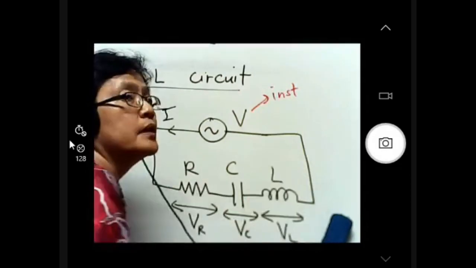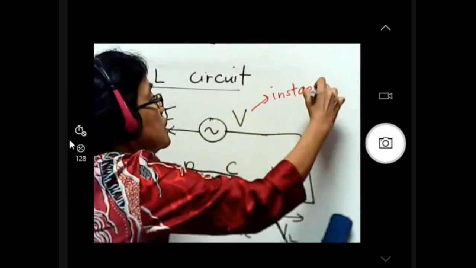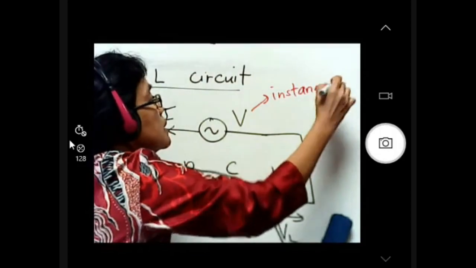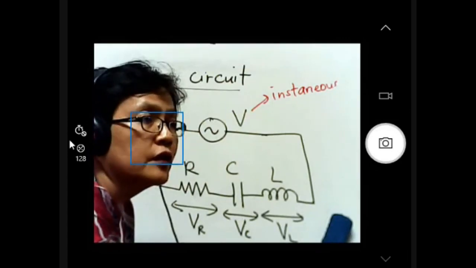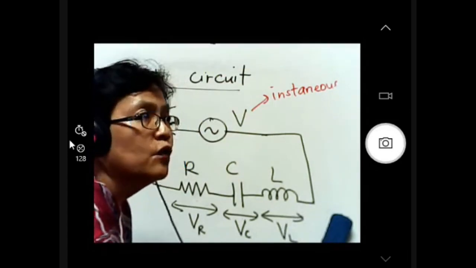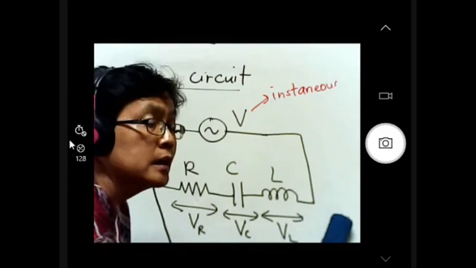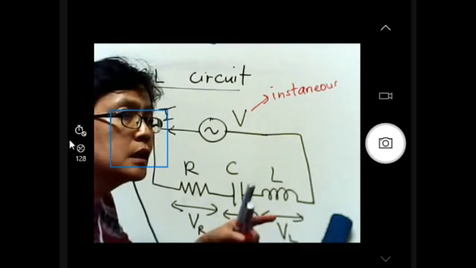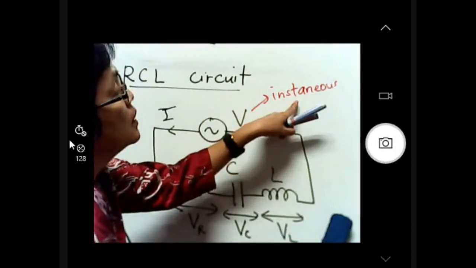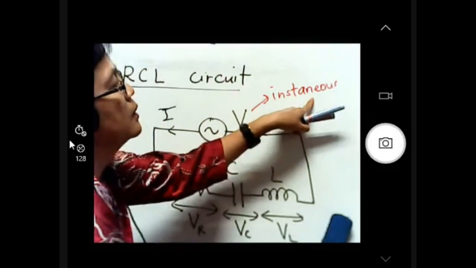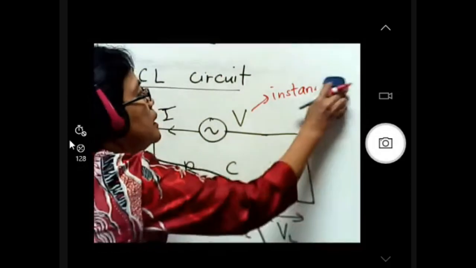If you talk about instantaneous value, it simply means voltage in terms of a sine function, meaning V equals V naught sine omega t, your equation in terms of time. That will be your instantaneous value.